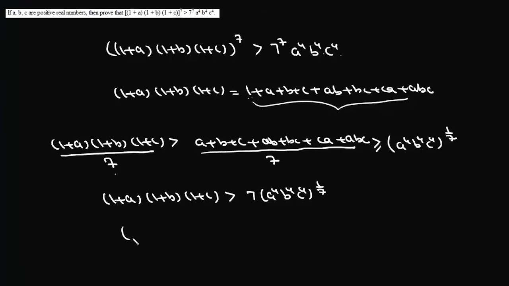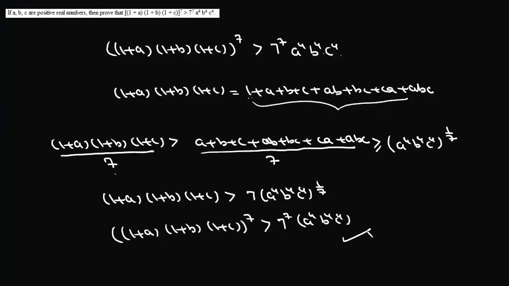Now we'll take the 7th power, so we can write (1 plus a)(1 plus b)(1 plus c) whole to the power 7 will be strictly greater than 7 to the power 7 and a to the power 4, b to the power 4, c to the power 4, which is what we need to prove in this question.